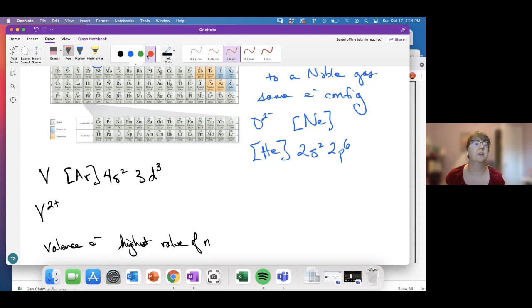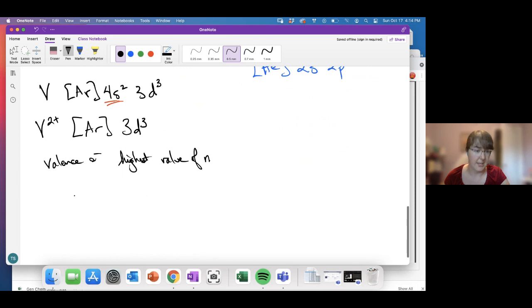When I look at the electron configuration I have so far, 4 is greater than 3. So when I say that highest value of n, they should be coming out of that 4s subshell, at least to start. I'm looking for a +2 charge, so I should just be left with that argon noble gas core and then 3d3. And that's then my electron configuration of vanadium 2+.